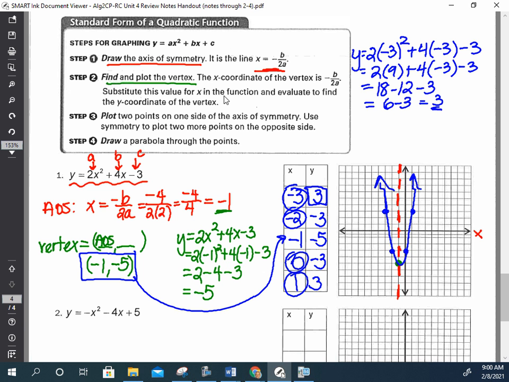So with a quadratic function, first step is to find the axis of symmetry. Put that on the graph first. You use the axis of symmetry to find the vertex, which should be the highest or lowest point on the graph. Once you have the axis of symmetry and the vertex, then you use your calculator to make your table.